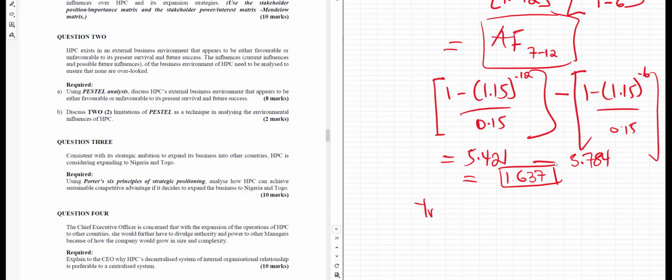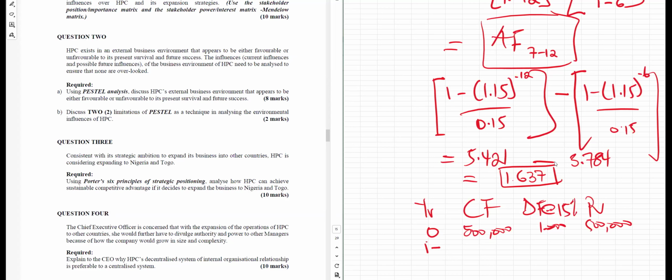So in that case, if I do the year, cash flow, discount factor at 15%, my PV at year 0, my cash flow was 500,000, right? The discount factor will still be 1, which is still 500,000. But from year 7 through to year 12, I'm getting 200,000, but the discount factor is only 1.637.